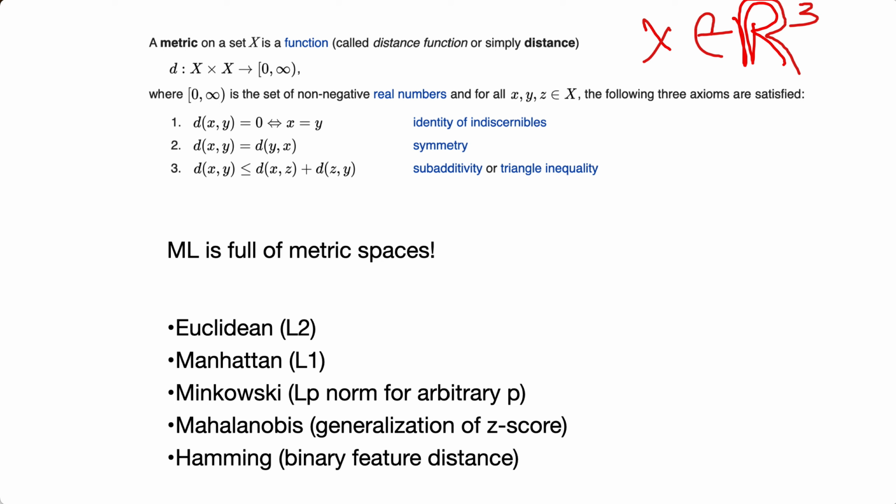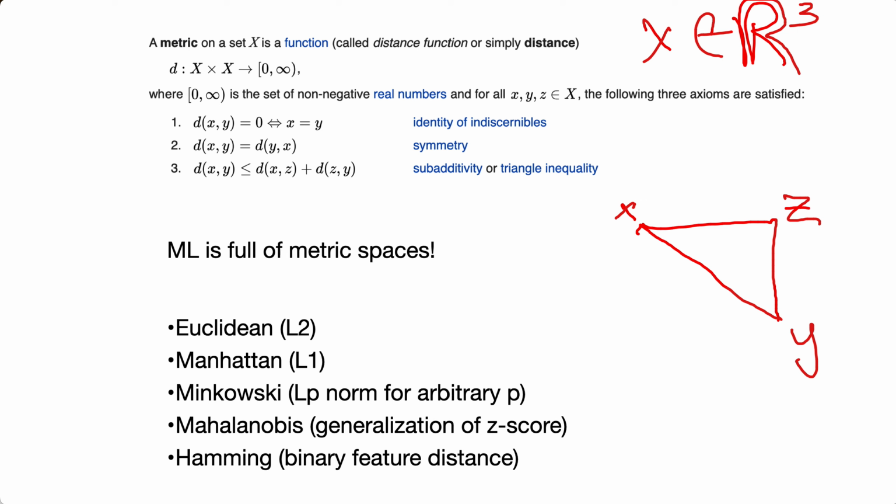The idea is that the distance between x and y has to be no bigger than the distance between x and z plus the distance between z and y, right? So to make this blindingly obvious to you, that's the picture you should have in your head.